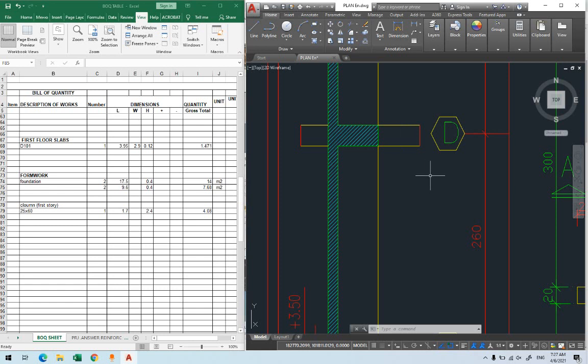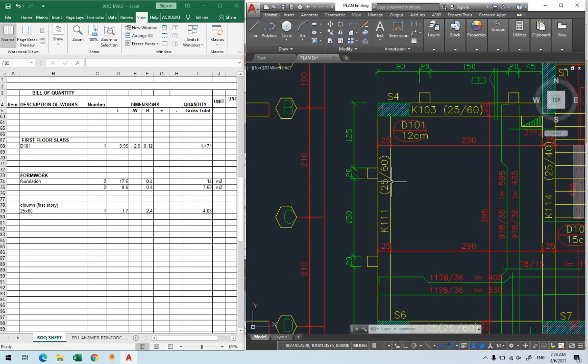But here, since you have a column beam system, then you have the three sides as well, so the bottom and the two sides. Now look at it, those two will be similar depending on the thickness of these slabs.